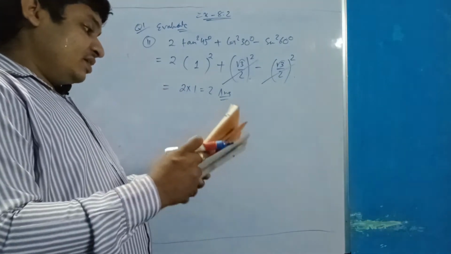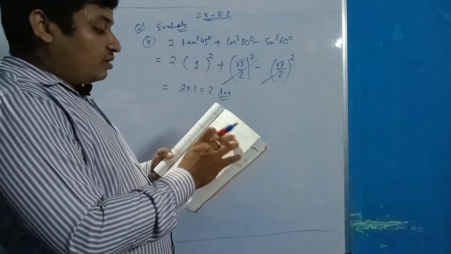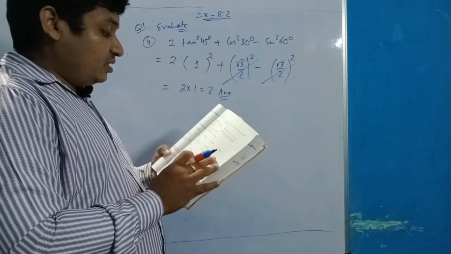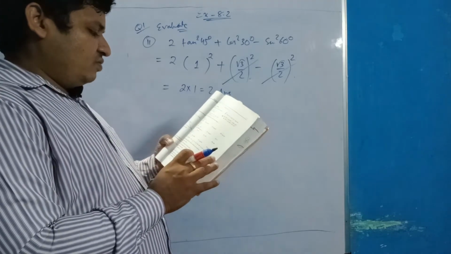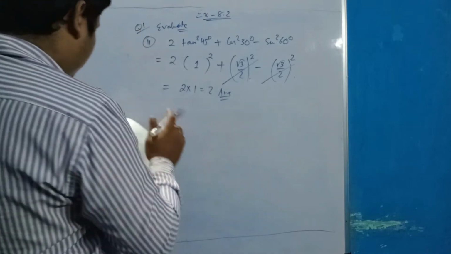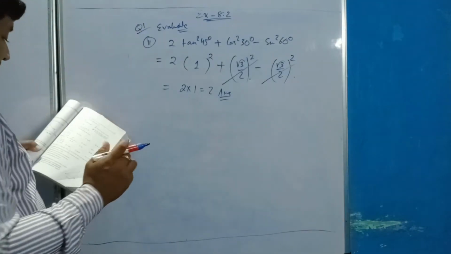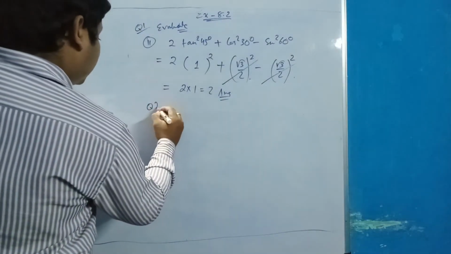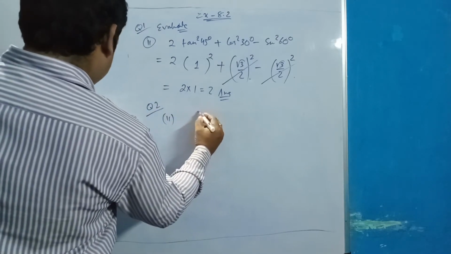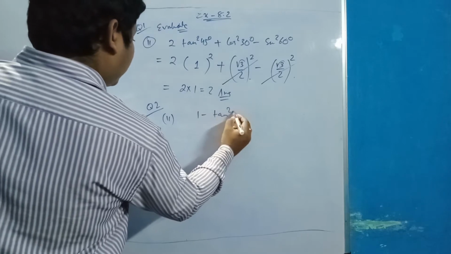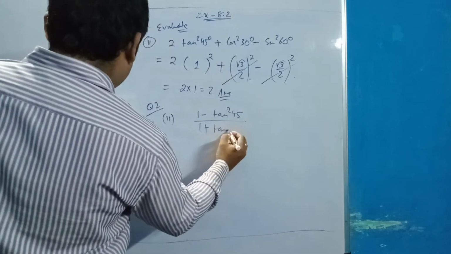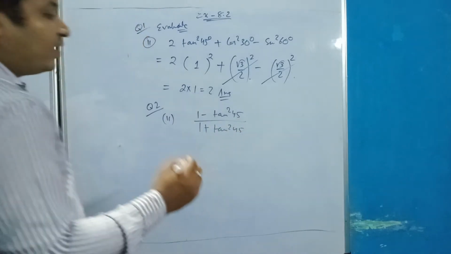Next, all the book problems are in the same way, you can follow. Let me do one problem for you. Suppose I will be doing question number 2, bit 2. It looks like 1 minus tan square 45 by 1 plus tan square 45. Now I have to find out the value.